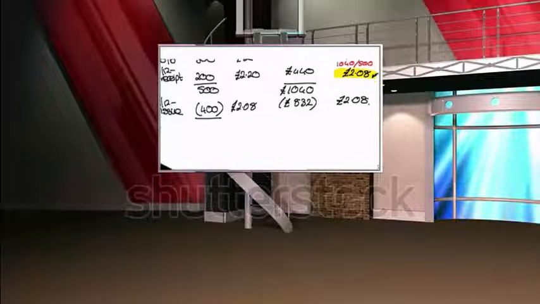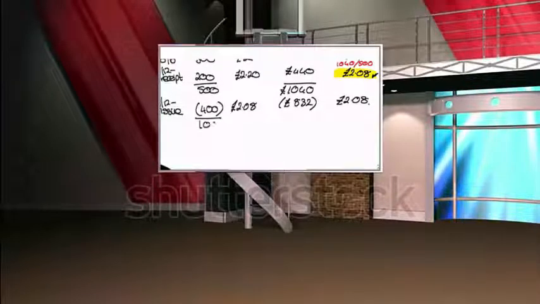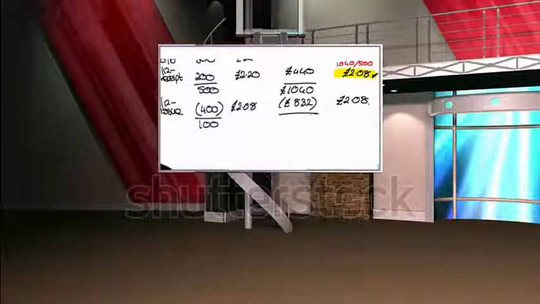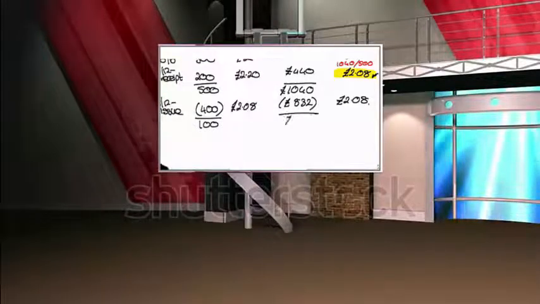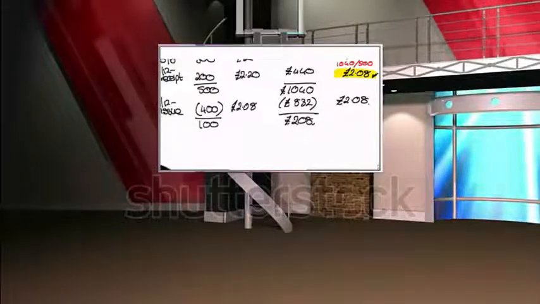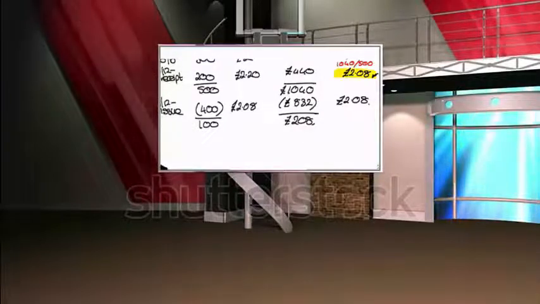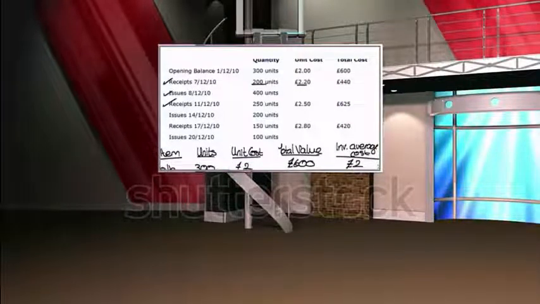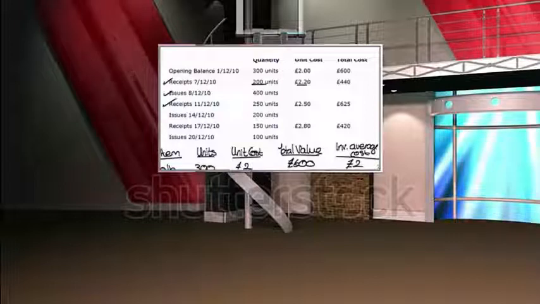So now our totals are, we have 100 units left with a value of 1,040 minus 832, 208.